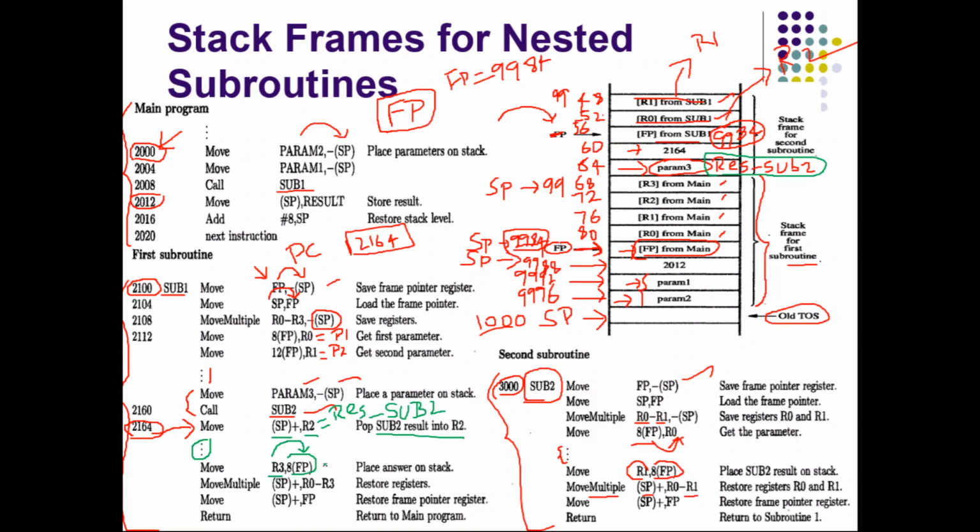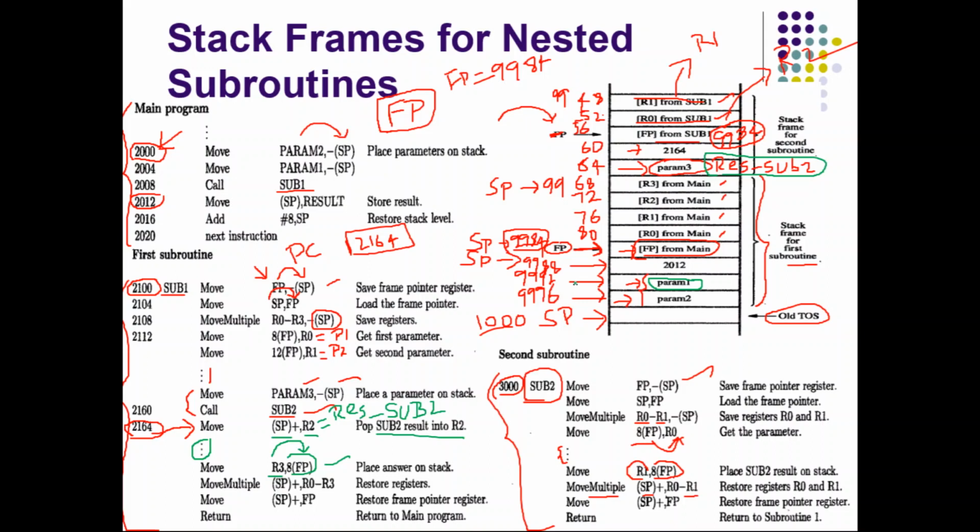FP is 9984, and 9984 plus 8 is wherever parameter 1 for subroutine 1 was stored. The parameter 1 passed by the main program was stored in this location, FP plus 8. FP is 9984, so FP plus 8 is 9992.